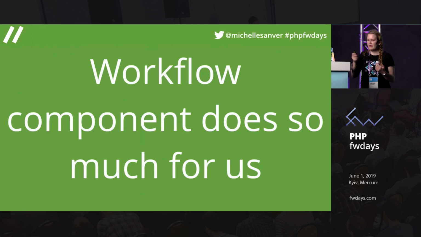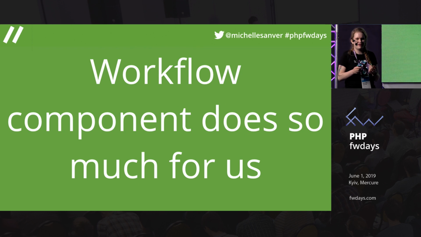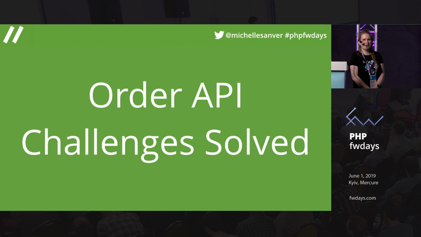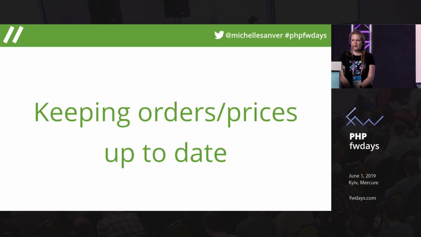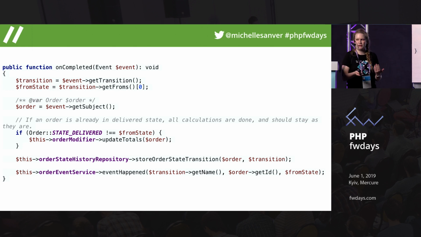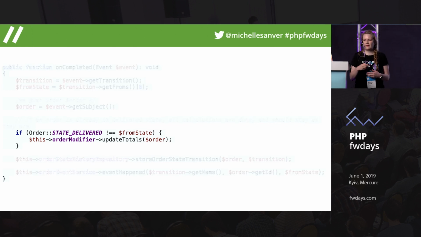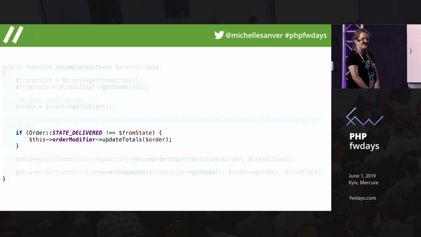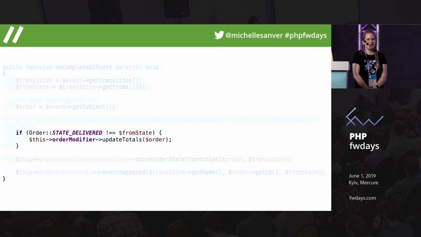So the workflow component does so much for us. And it solved all our challenges indirectly. It's keeping the orders and prices up to date, because every time we transition, we call on completed in the order workflow listener, and we update the totals every time, except for when it's delivered, because we really don't want to change something once it's delivered.